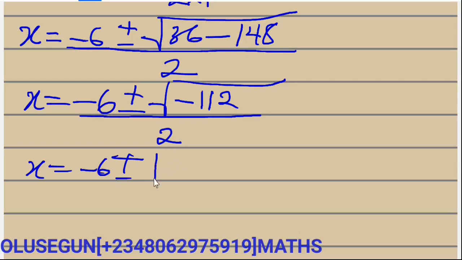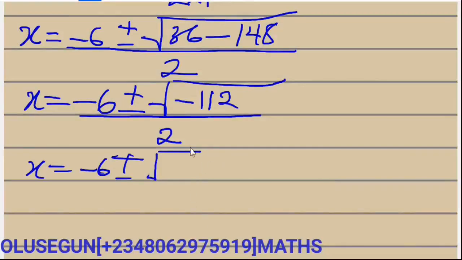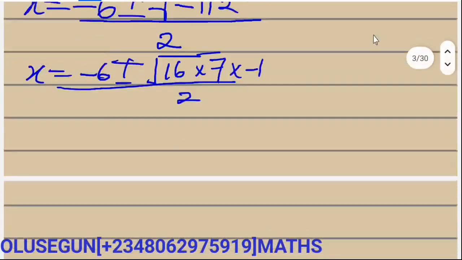So x is equal to minus 6 plus or minus root 112. Let's try to find the factors of 112, which will give us 16 times 7 times minus 1, over 2. So let's split it.